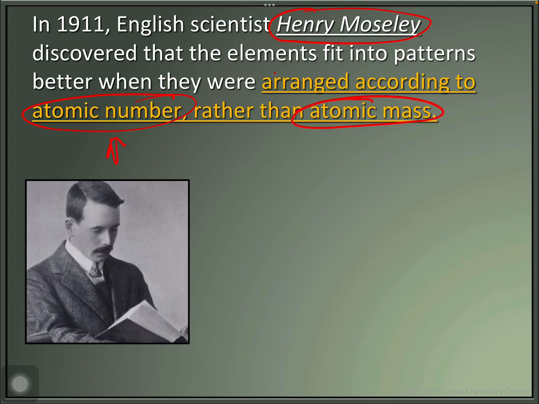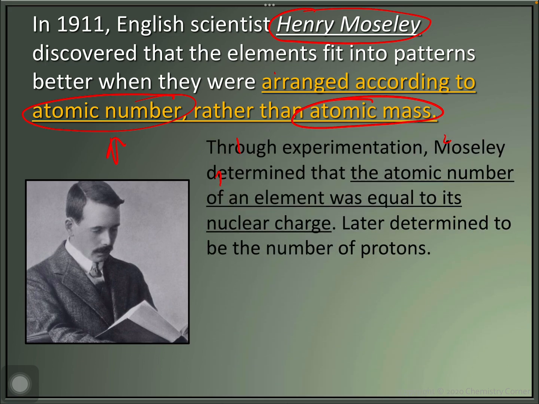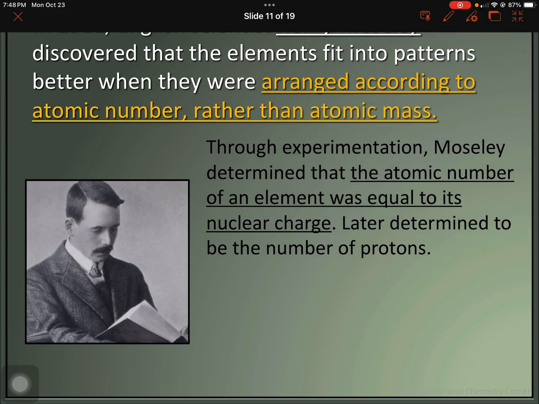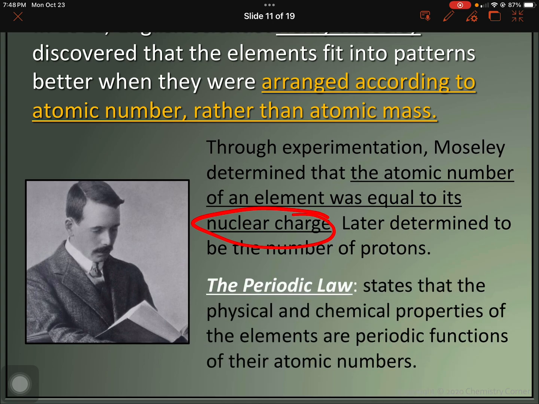And that's why when you look at the periodic table, you go from 1 for hydrogen, 2 for helium, 3, 4, 5, 6, 7, etc. So through his experimentation, we were actually able to see that the atomic number is equal to the nuclear charge. And like we said, the atomic number is what determines the number of protons.